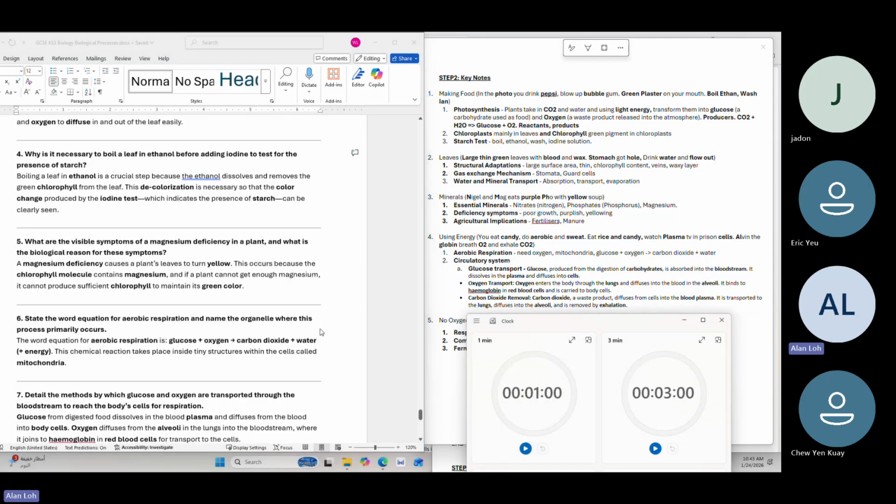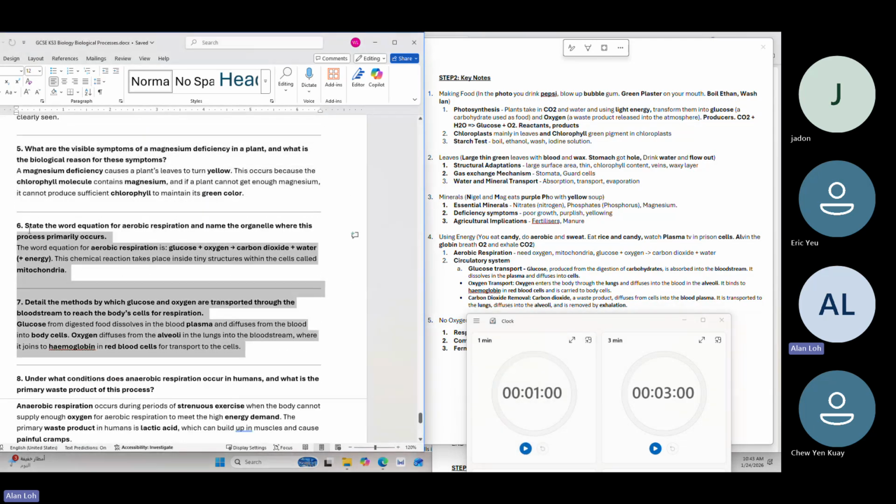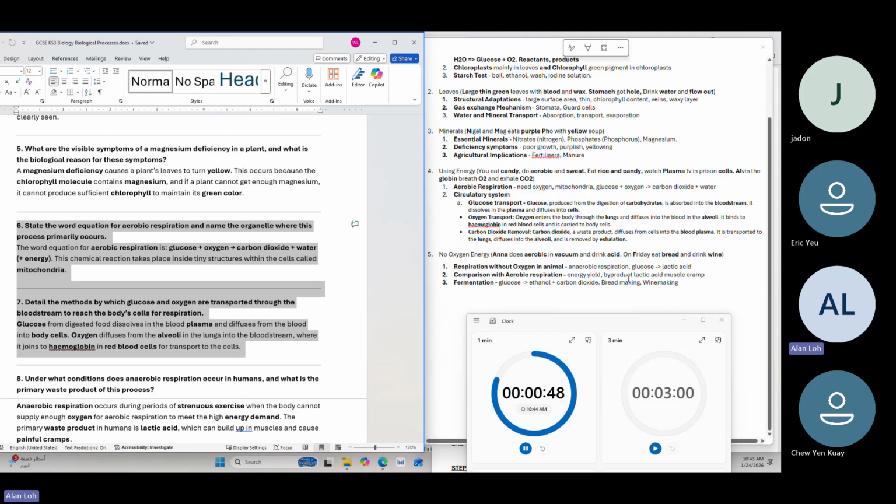Okay, 6 and 7. I hope everyone is able to follow. Six is drawer 4. 7 is also drawer 4.